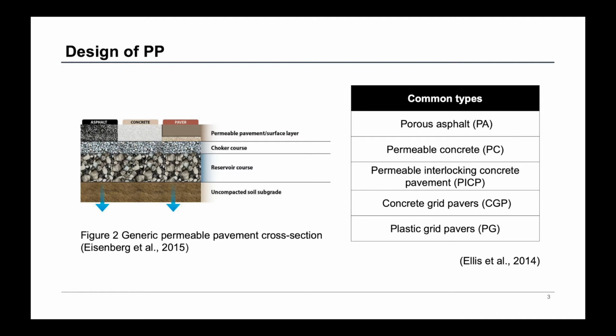Currently, 5 permeable pavement types are widely used, as shown in the table, including porous asphalt, permeable concrete, and so on. The design of the permeable pavement system is mainly based on the required capacity of green infrastructure and the treatment goals for higher stormwater storage and better water quality treatment.